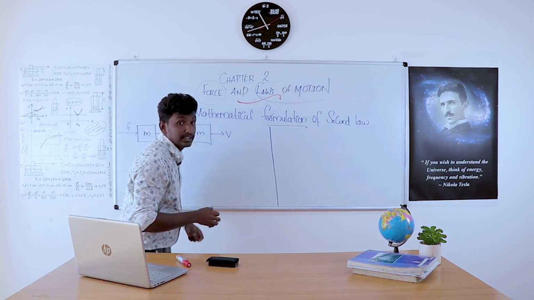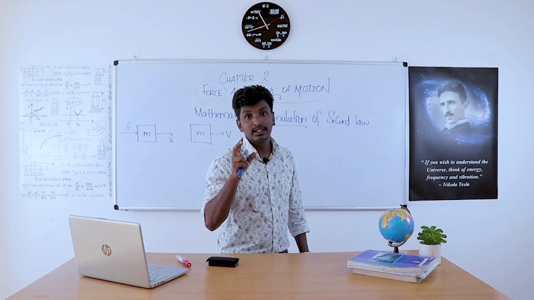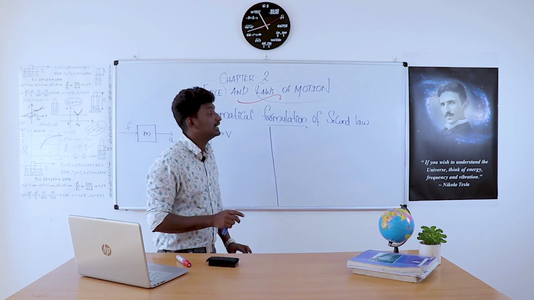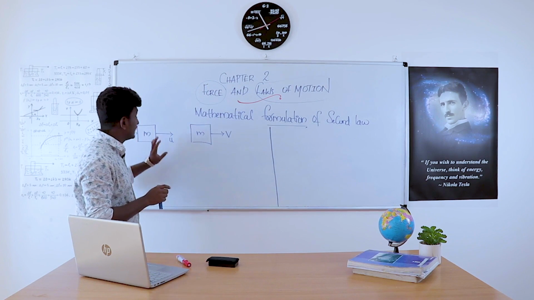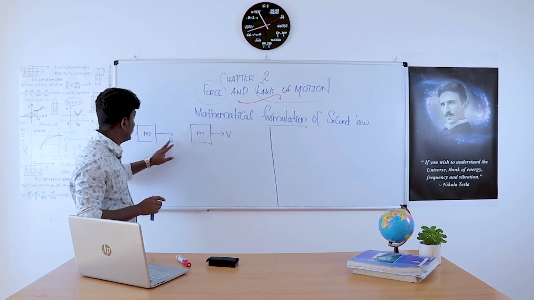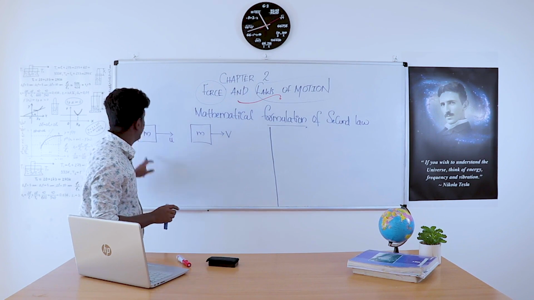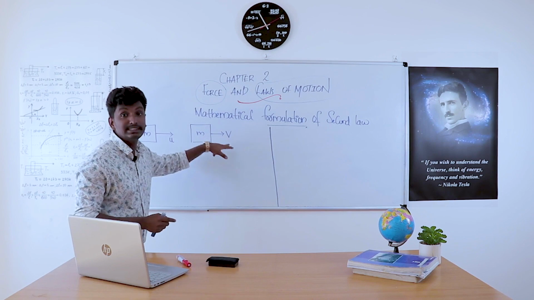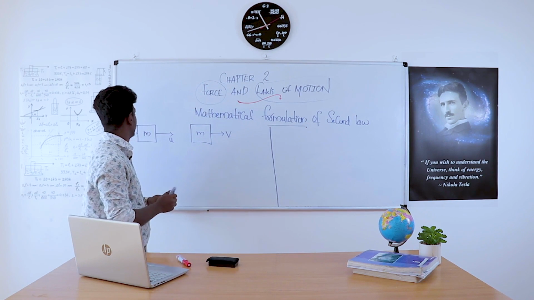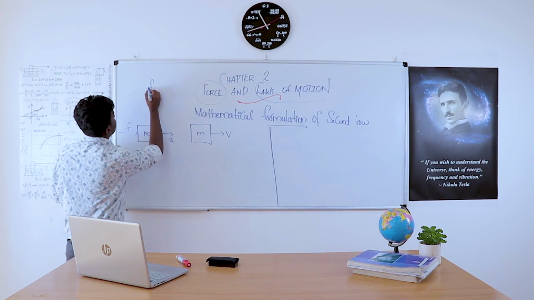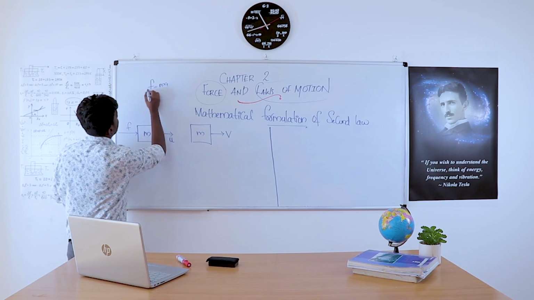This is our condition for deriving F is equal to ma, or mathematical formulation of second law. Now we have to derive the equation F is equal to ma.